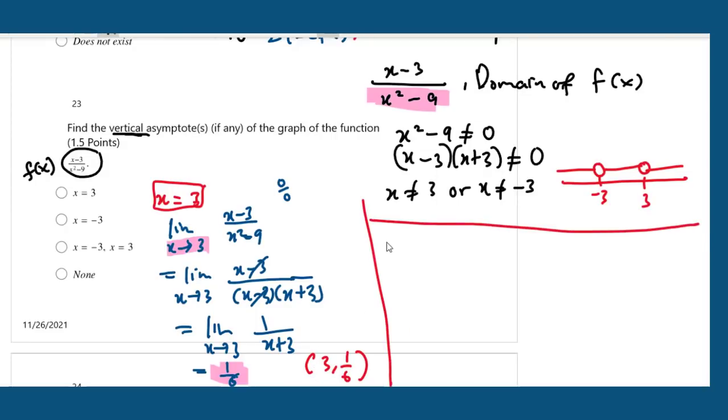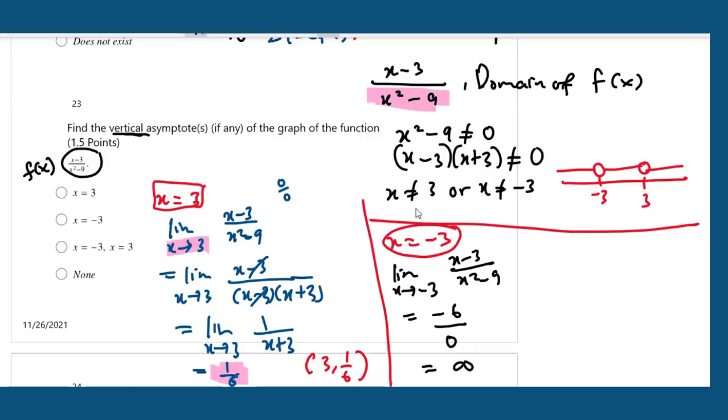And then check when x is equal to negative 3. Substitute here. Find the limit as x approaches negative 3 of (x minus 3) over (x squared minus 9). Substitute, this is negative 6 over 0. Negative 6 over 0 is equal to infinity.